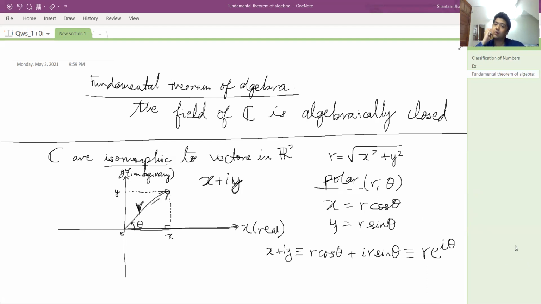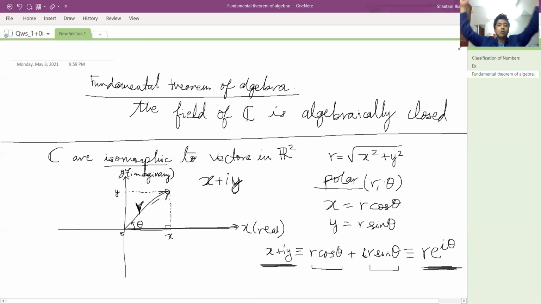So this representation in the Cartesian plane, x plus iy, can be represented using polar coordinates as r e to the I theta, where r e to the I theta can be expanded as r cosine of theta being the real part of this complex number, and r sine of theta being the imaginary part, because it's multiplied by I.